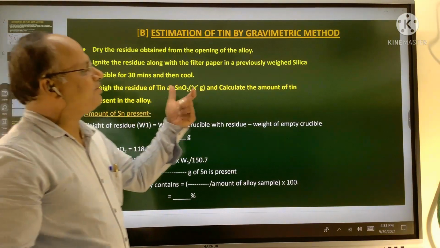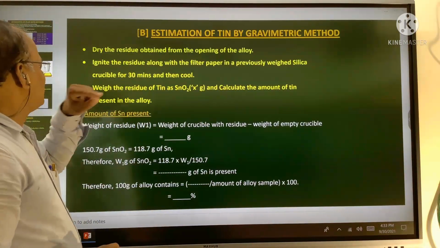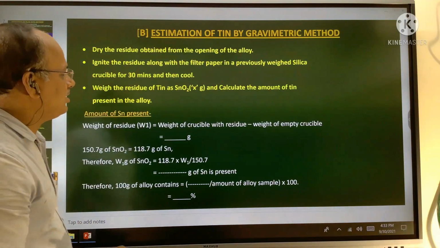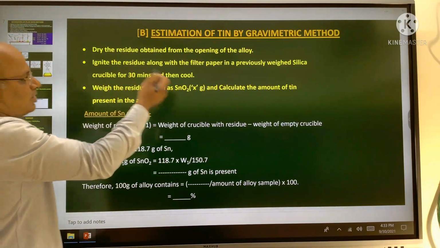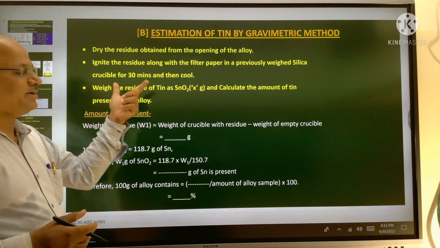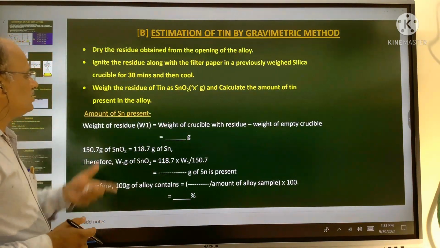The next, estimation of the tin by gravimetric method. Here, dry the residue of tin obtained during the opening of the alloy, then ignite the residue along with the filter paper in a previously baked silica crucible for 30 minutes and then cool.